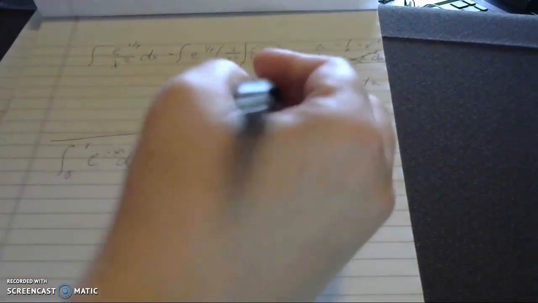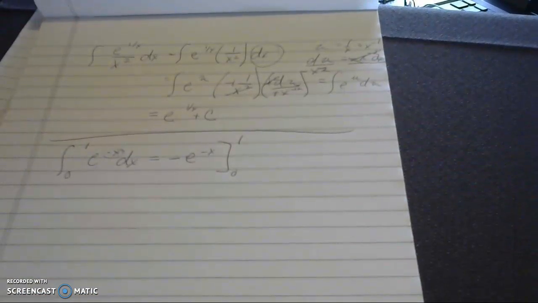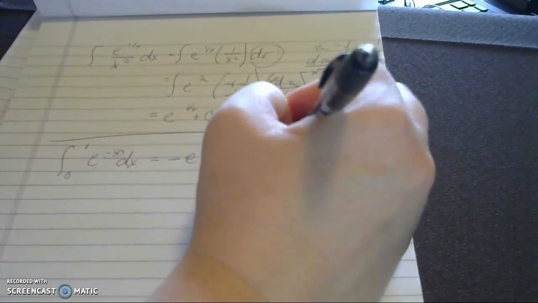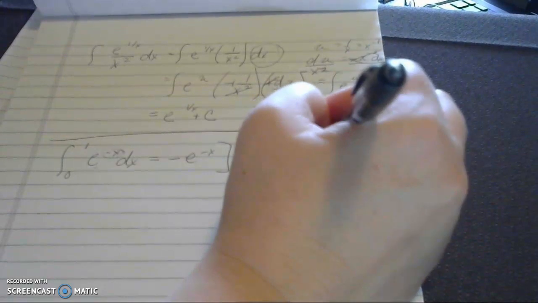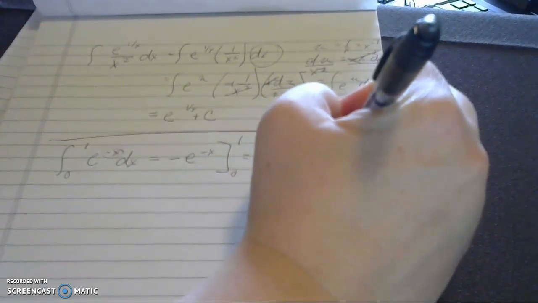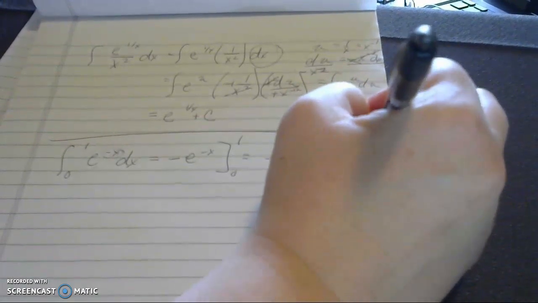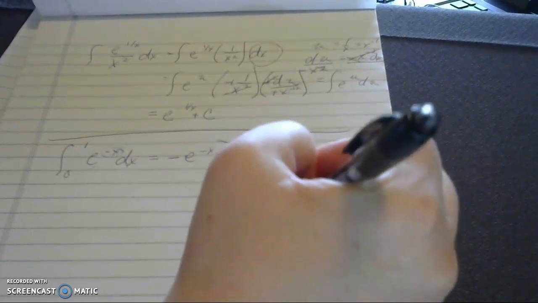So du over a negative 1 is just going to give me a negative e to the minus x. Okay, so put my bounds on, and then you just plug your value in and substitute, and solve it. So negative e to the negative x. We start with your b bound, minus e to the negative your a bound. Now what's nice about this is anything to the 0 power is 1.